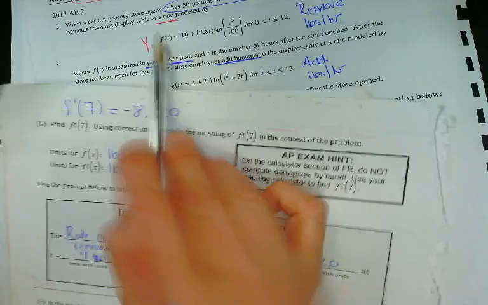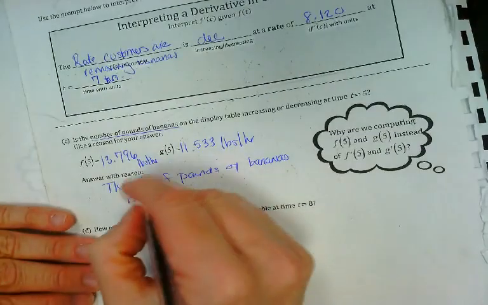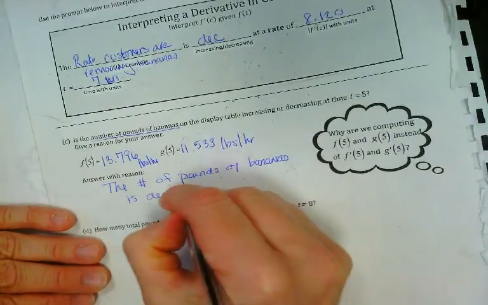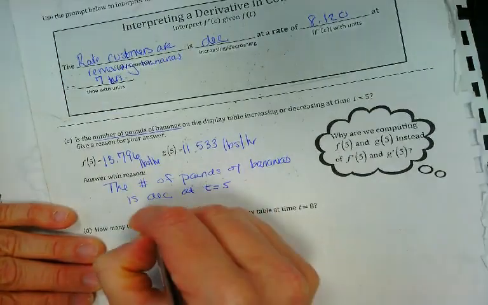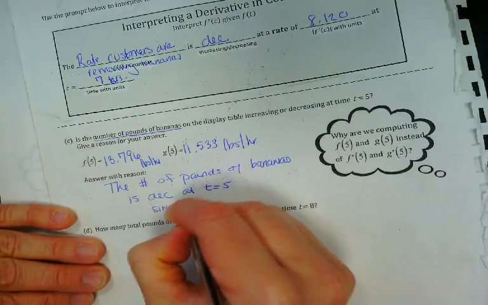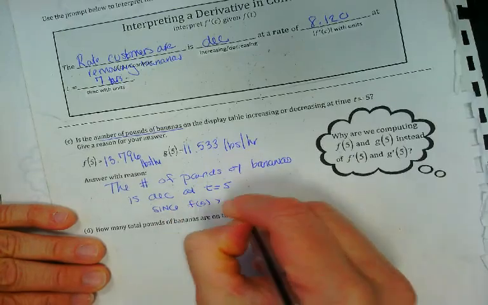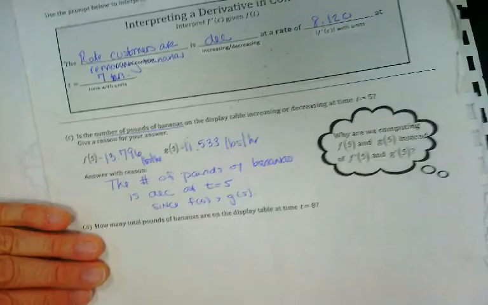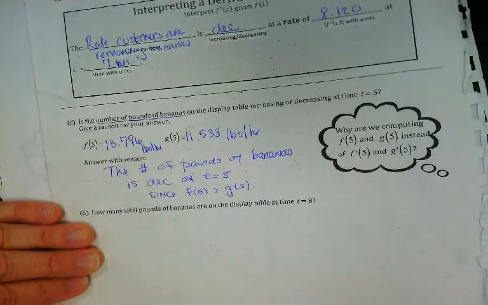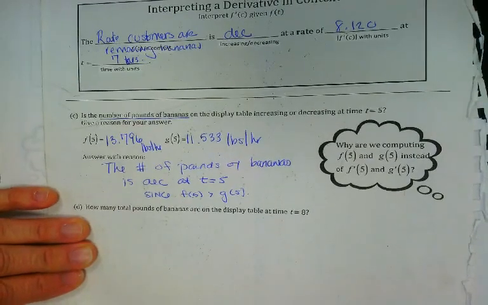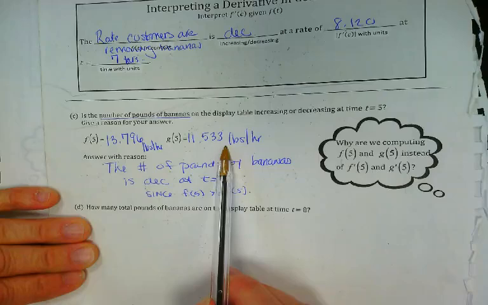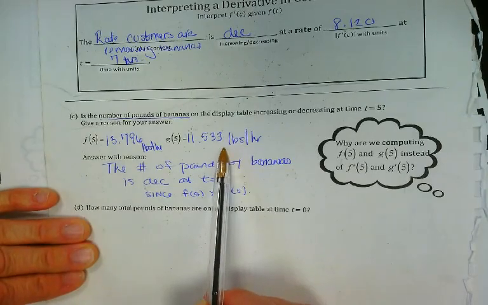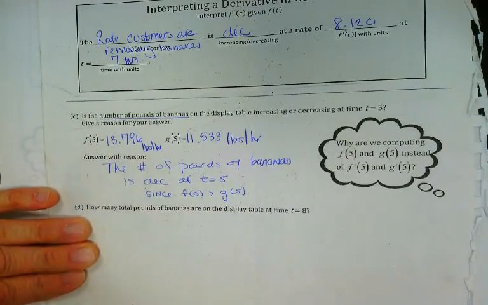F, and F is the one that's being removed. The number of pounds of bananas is decreasing at t equals 5, since f of 5 is greater than g of 5. Okay. So I'm losing more bananas per hour than gaining bananas per hour. Make sense? So they would be decreasing if it's going faster.